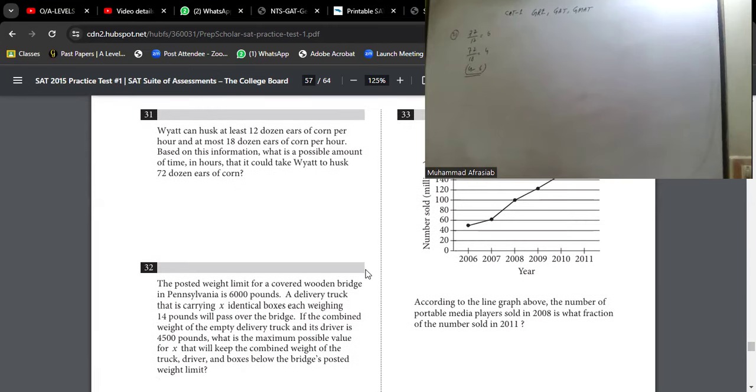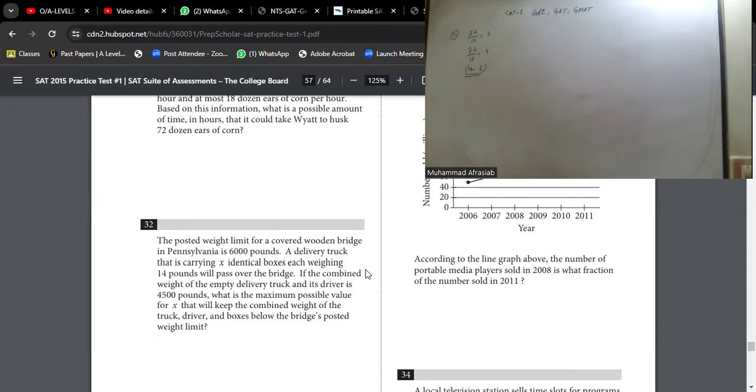Question 32 now. The posted weight limit for this covered wooden bridge in Pennsylvania is 6,000 pounds.